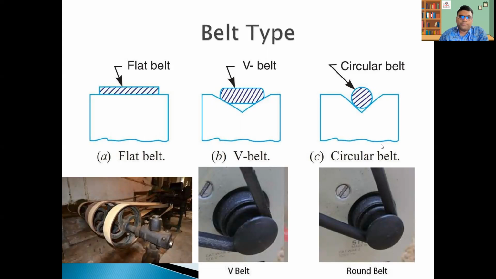Types of belt: flat belt drive, which you have very much seen in the flour mill. This is a flat belt that has been used, and the V belt. The V belt is also used when the distance between the two shafts is not too much, but you can get more power.